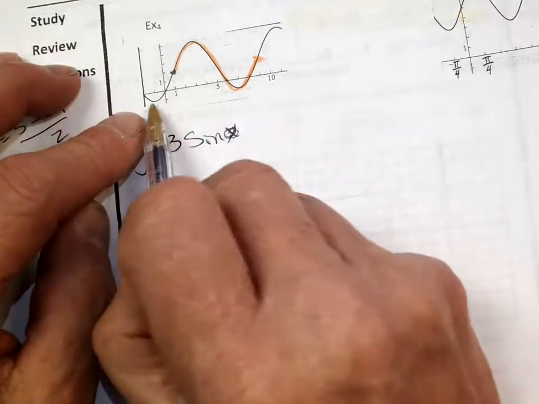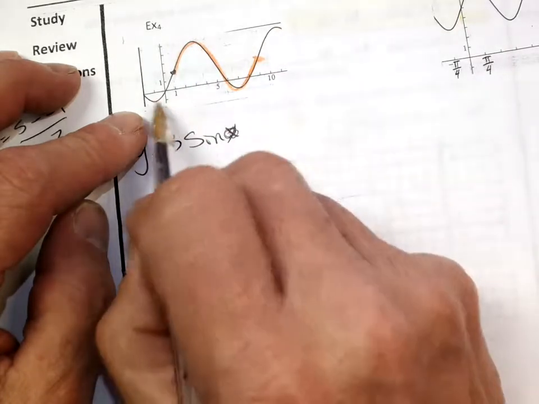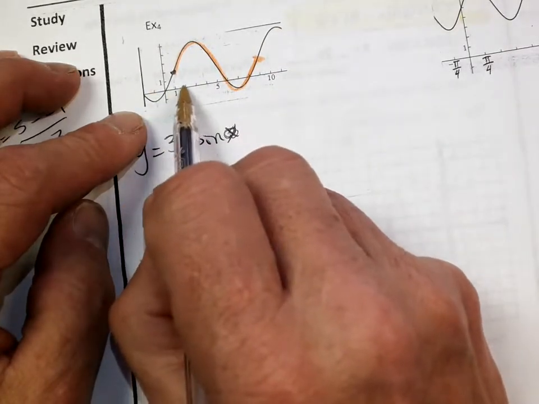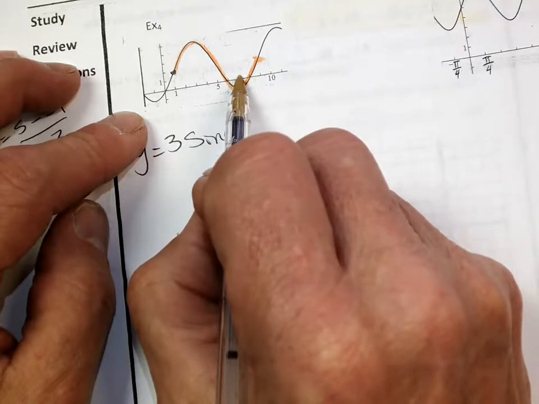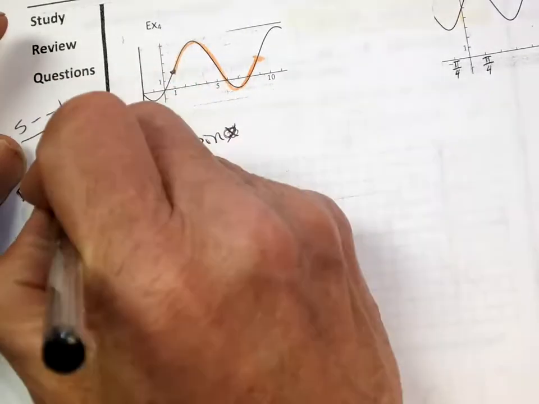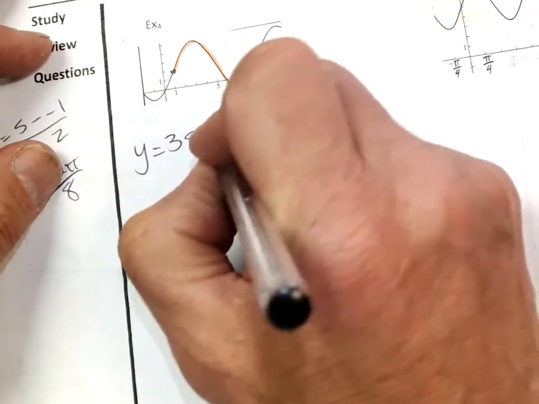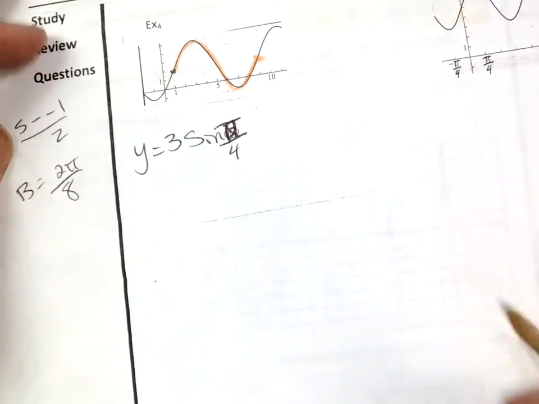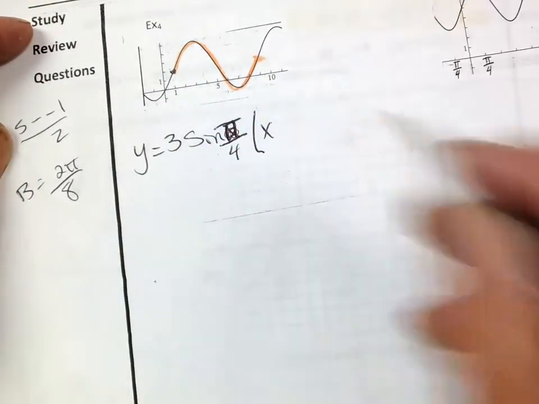Or we can always count from here to here, same thing. But I'm pretty sure it's 8 wide. You guys agree with that? So let's go 2 pi divided by 8, which is pi fourths. Sorry, it's sloppy. Pi fourths. Okay, you alright with that? It's 8 wide. Parentheses x. There we go. I was ahead of myself.